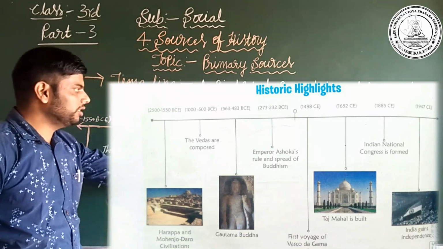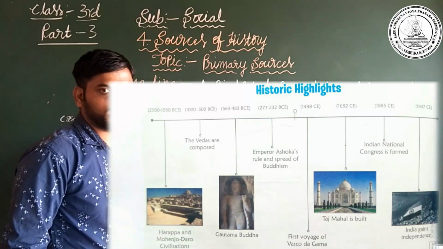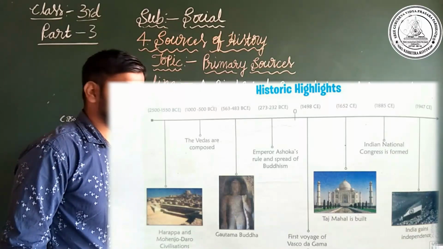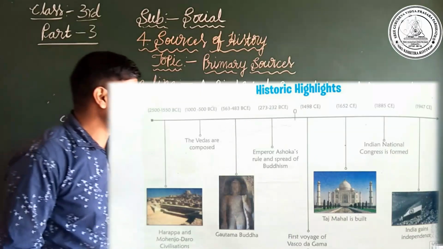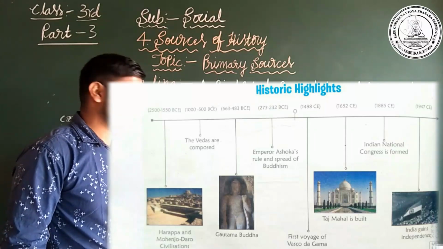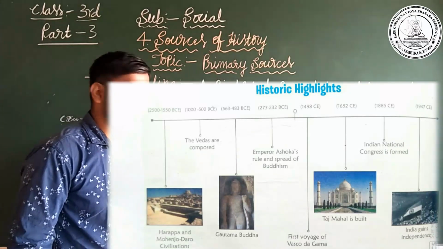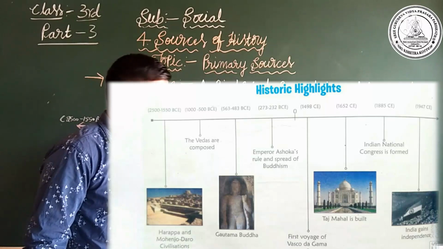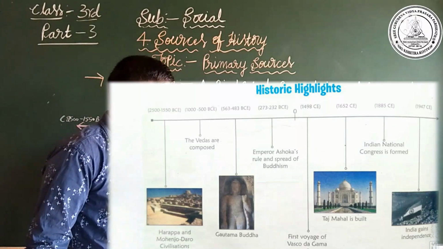See here, CE is the abbreviation of Common Era, one of the calendar systems. After 1 year, we call it Common Era. Here 1492, next 1499. What happened? We will trace and track the information. BCE means Before Common Era, also a calendar system, before 1 year.